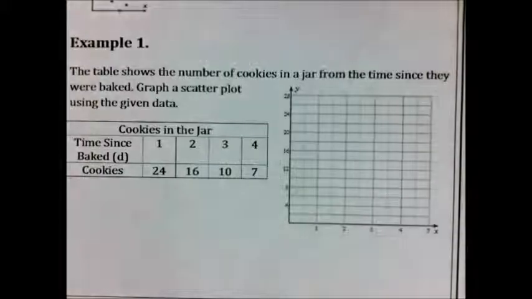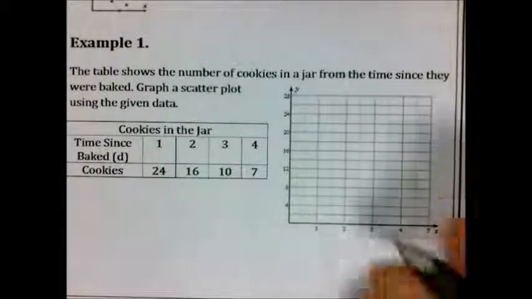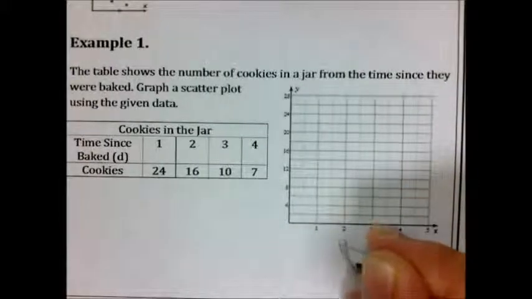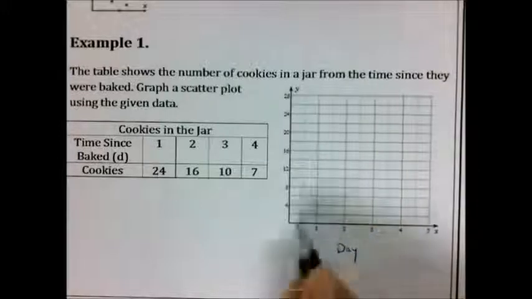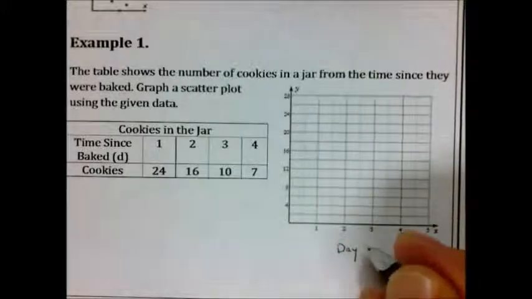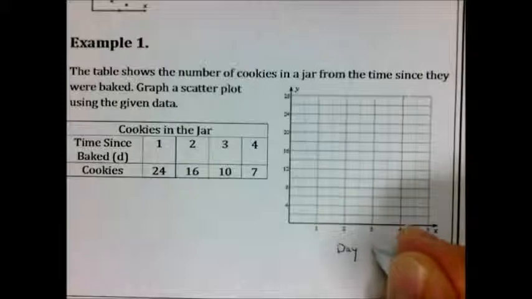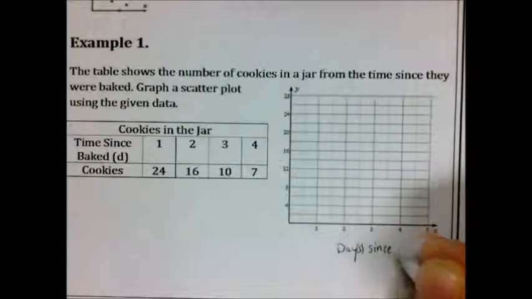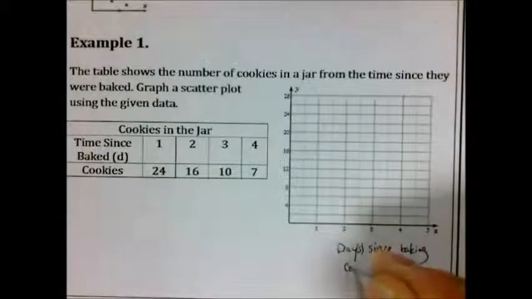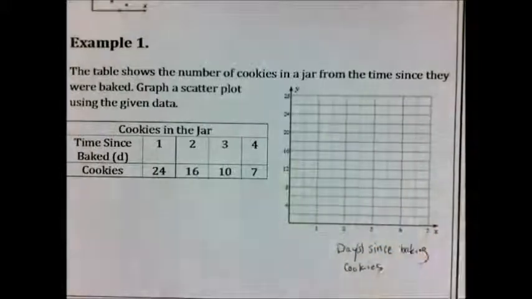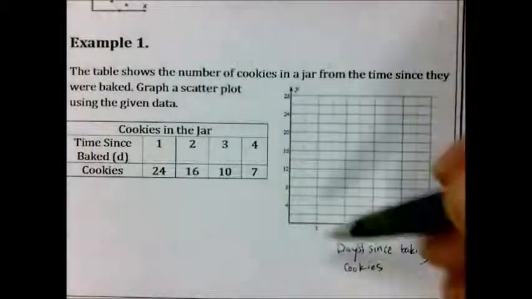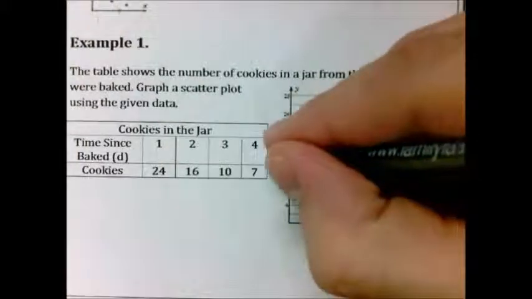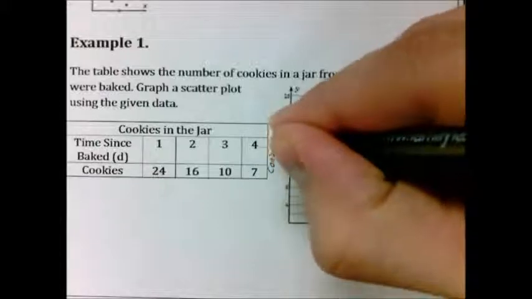If we look at this graph over here, first we should identify that the x-axis is the days since baking. And then the y-axis is the number of cookies, or just cookies.